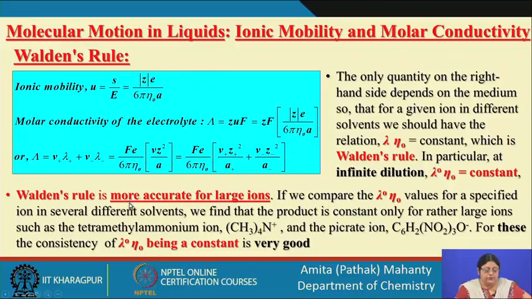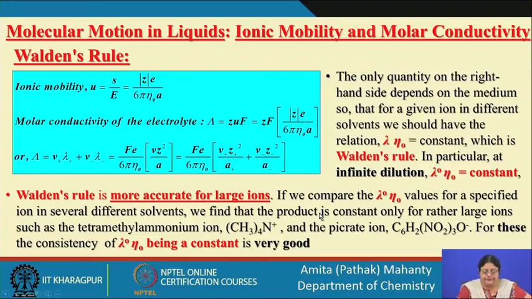Walden's rule is more accurate for large ions. If we compare the lambda naught into eta naught value for a specified ion in different solvents, we use different solvents and compare the lambda naught into eta naught values for a specified type of ion in several different solvents.